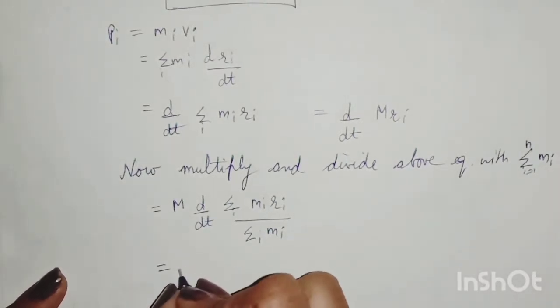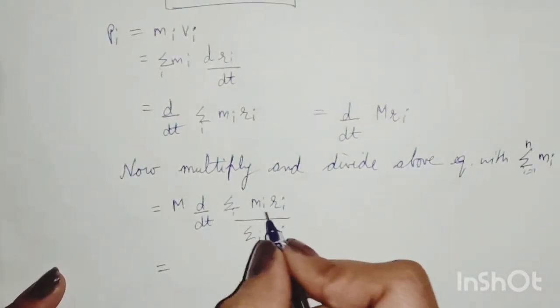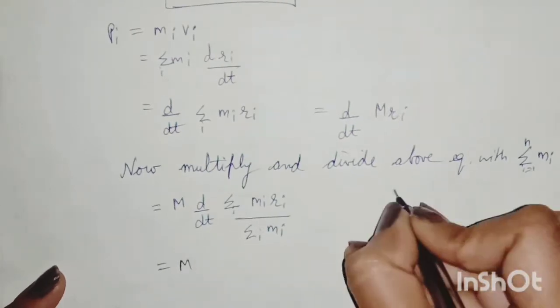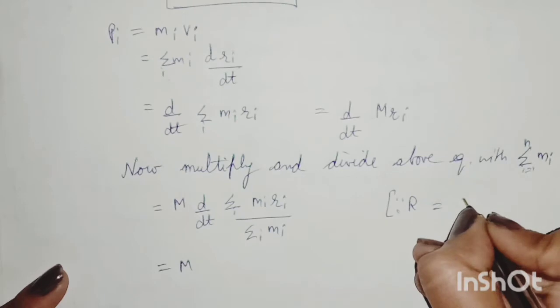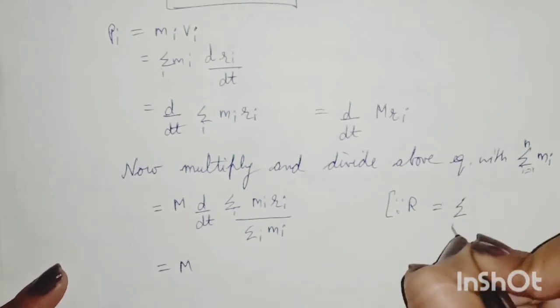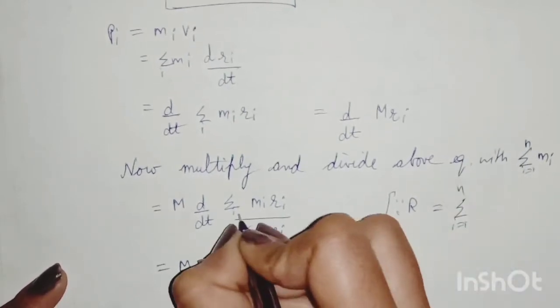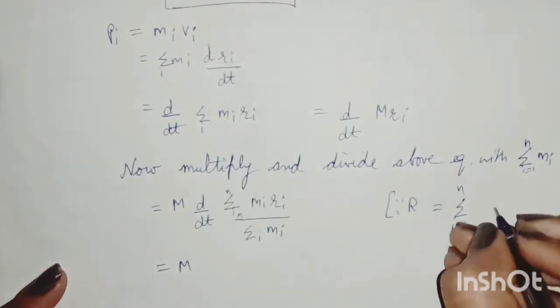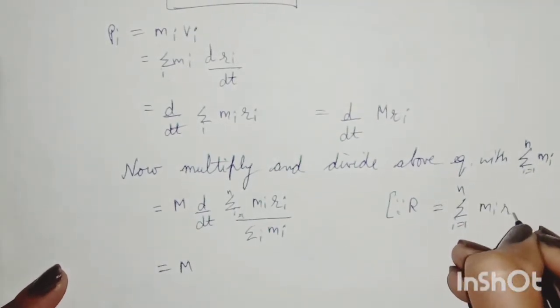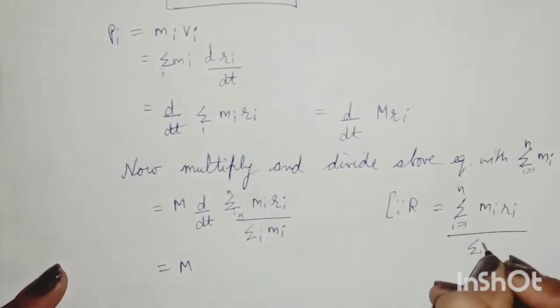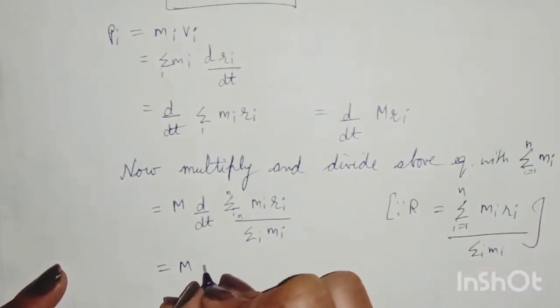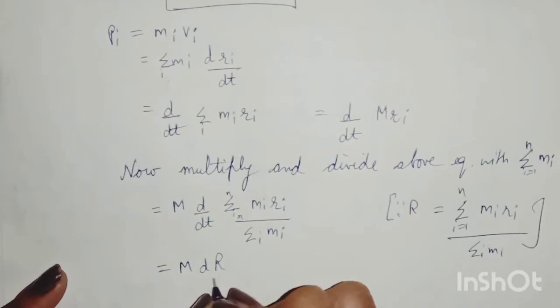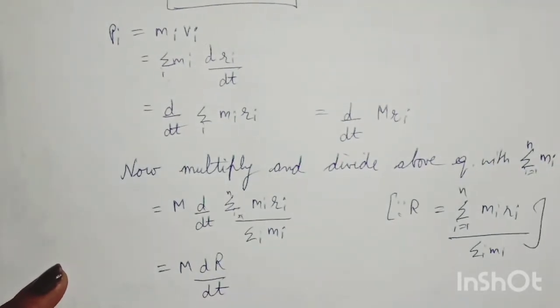Now we know this is our R, because we know R is equal to summation i equals 1 to n of mi ri upon summation mi. So putting here the value of R, we get m dR upon dt.